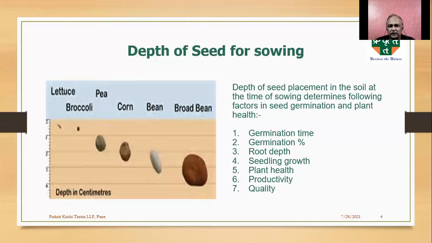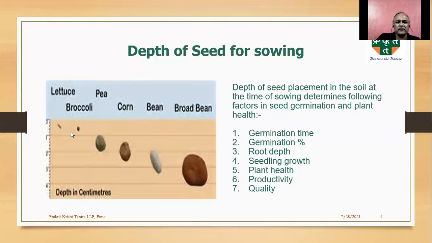Along with the depth, different factors are connected, like germination time, germination percentage, root depth, seedling growth, plant health, productivity, and quality. Because if it takes more time and it is not able to grow properly, then the plant will be weak and the health will be poor, and productivity will also be affected.